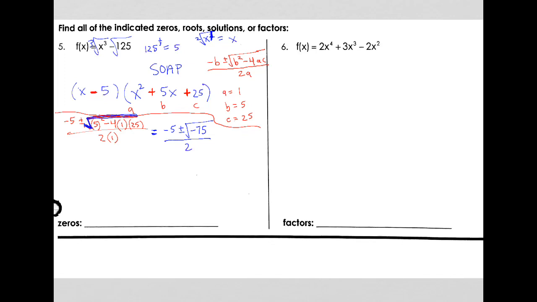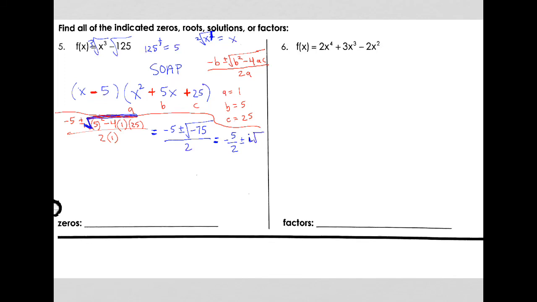And so let's go ahead and split this. So we got -5 over 2 plus or minus. Now remember, the negative is going to come out in front as an i. That would leave us with a radical 75, okay? And so I'll write that for now.